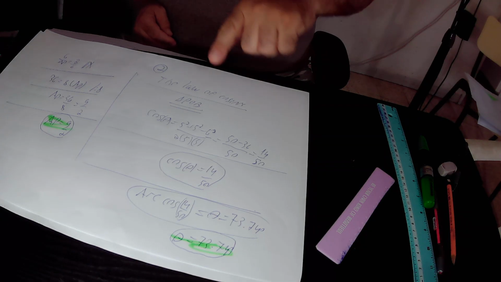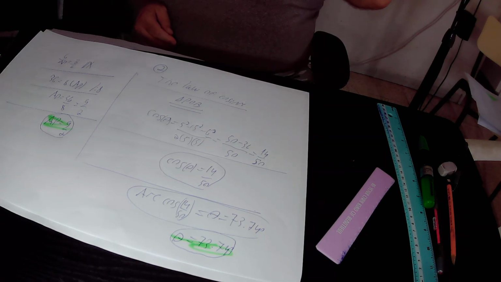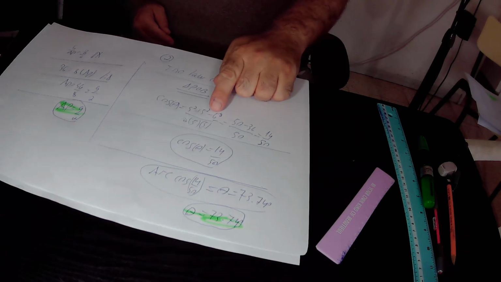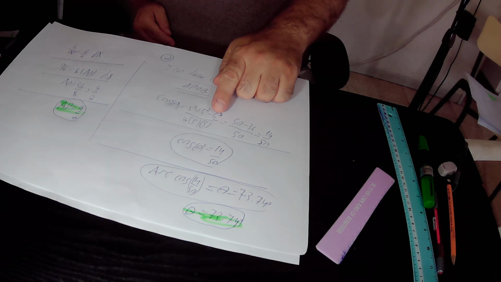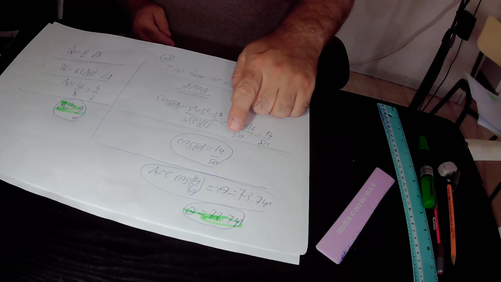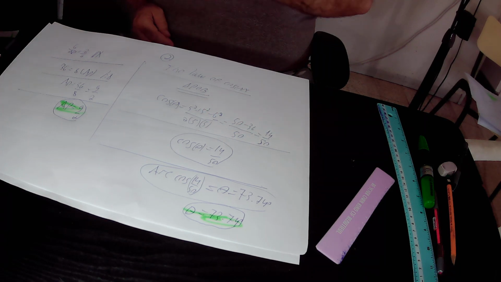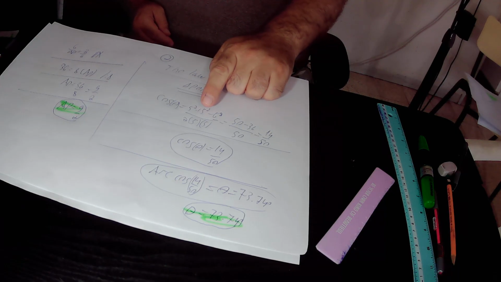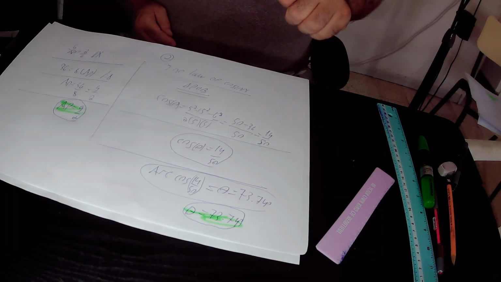We would like to find out the value of theta itself. In order to find out the value of theta itself, we have to operate the opposite function of cosine, that is arc cosine, on the result, that is 14 over 50. In this way, we get angle theta itself. Why? Because the inverse function of any function cancels out the operation of the function itself.